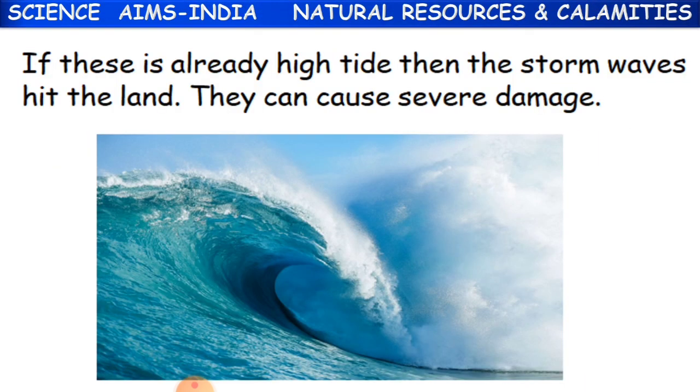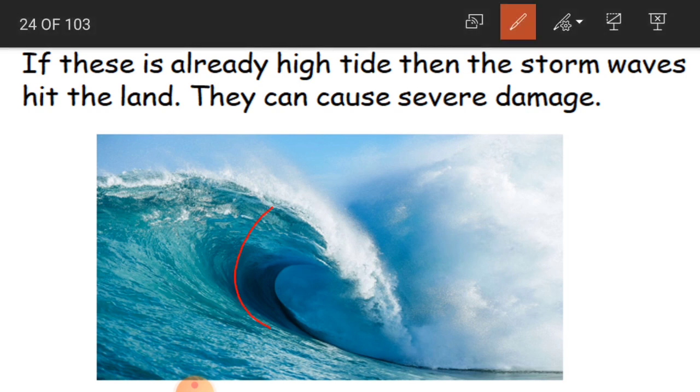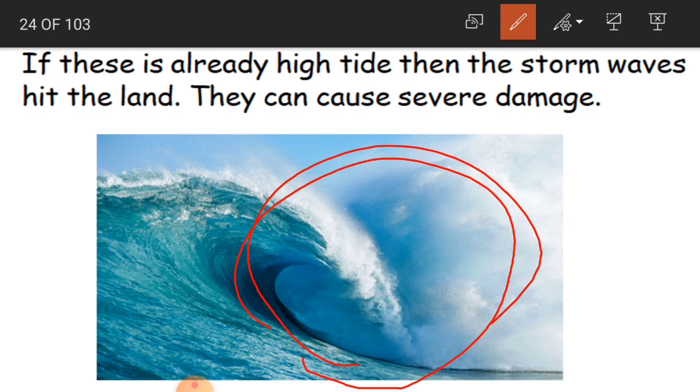Have you seen here, children, in the picture? You can see the lightning, you can see the rain, you can see how fast it is, even like a cyclone, how this is rotating. Now the water is just moving inwards.